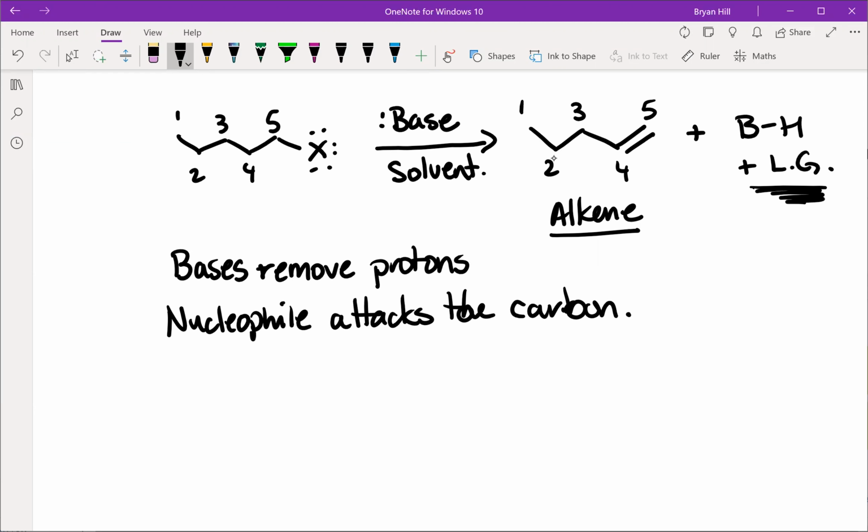Remember, bases and nucleophiles are very similar, right? They're both Lewis bases. They both got lone pairs that they can use. But the main difference is that bases will remove protons, whereas nucleophiles will attack carbon.